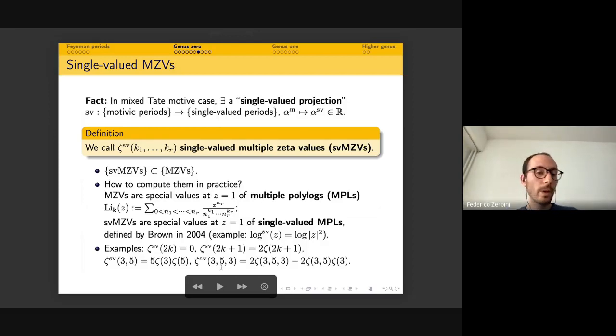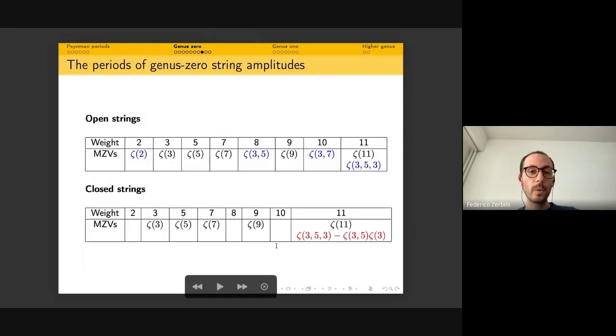If you remember the table I gave you before, this is quite interesting because these are exactly the numbers that you get in closed string amplitudes. So you don't get zeta 2, and so you don't get zeta 4, zeta 6, zeta 8, and so on. You don't get zeta 3,5 because it's just a product of zeta 3 and zeta 5 that you already have.